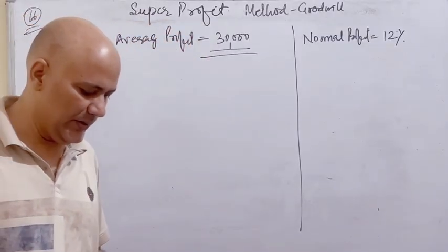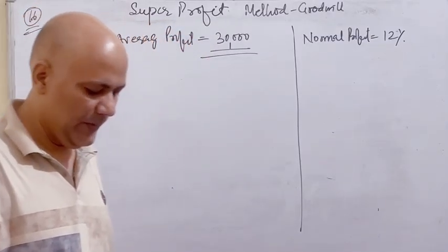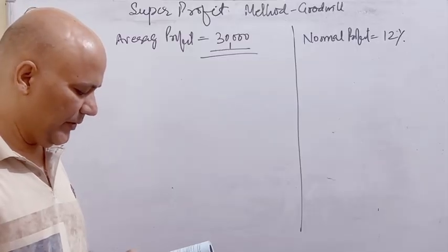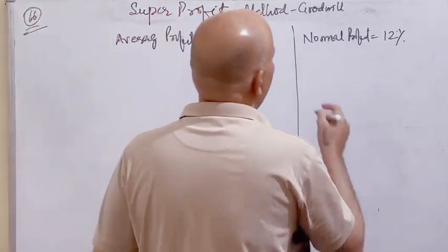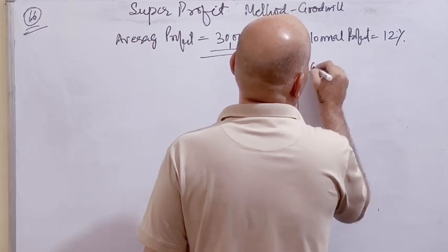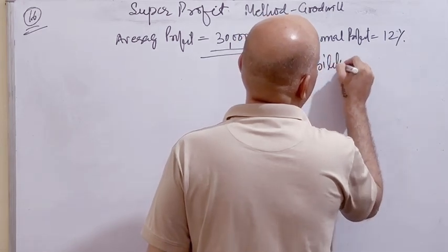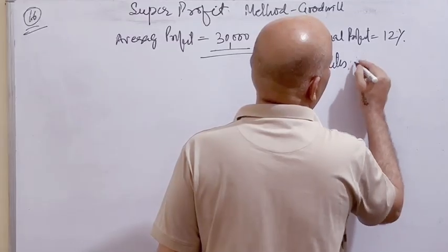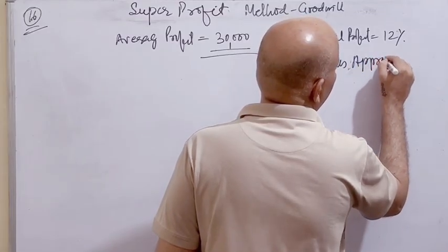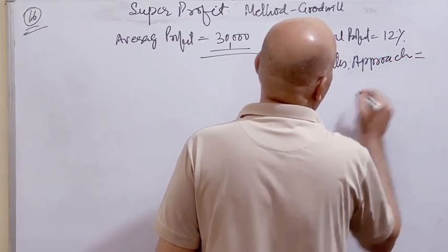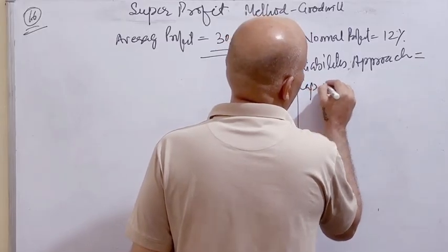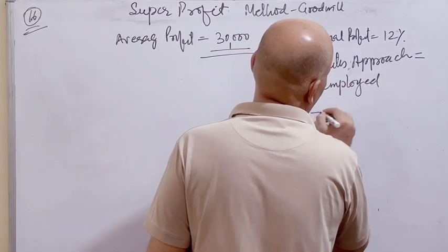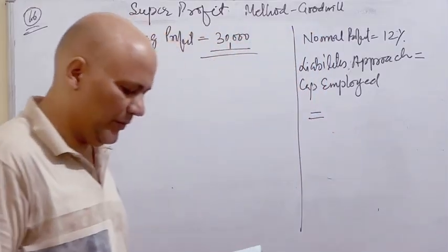Now we have to find the capital employed, which we can find in either way. From the liability approach, capital employed would be equal to the capital.